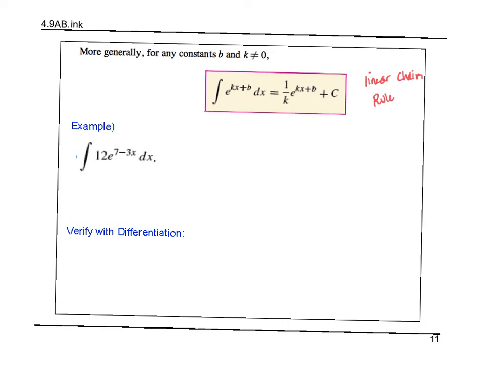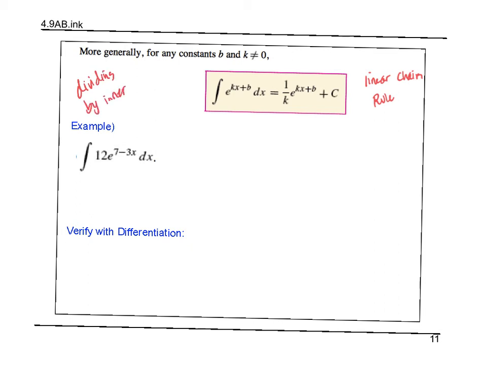We have a composition where the inside is just of the kx plus b format. When we had a linear chain rule in the derivative direction, we would multiply by the inner prime. So to undo that, we're dividing by the inner prime, and the inner prime of something linear is just the slope, just the k. So that's where that 1 over k coefficient came from.